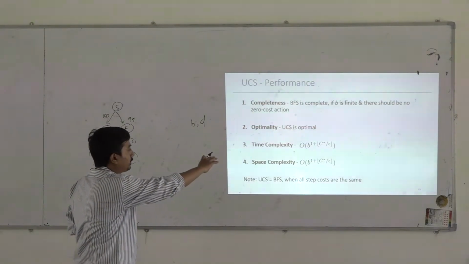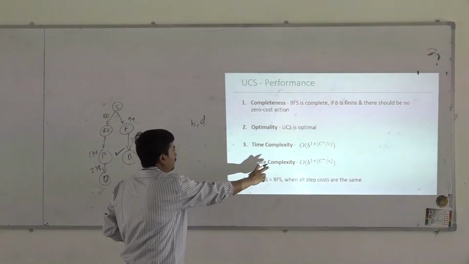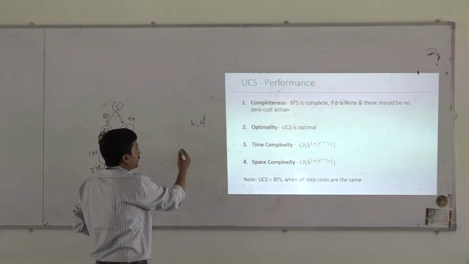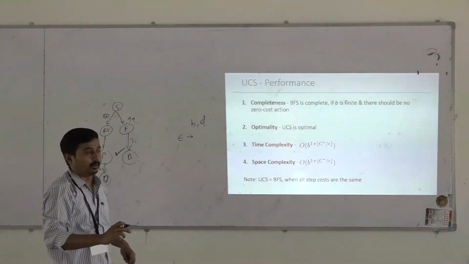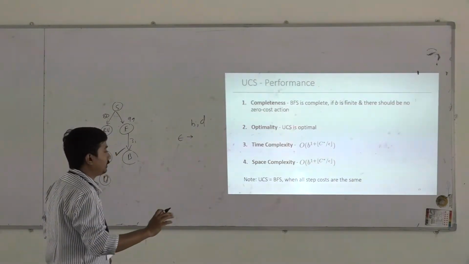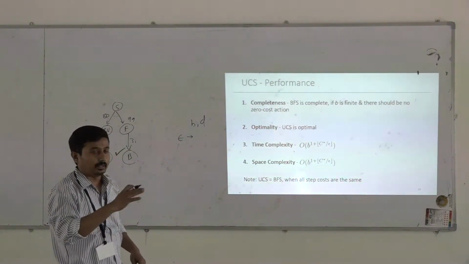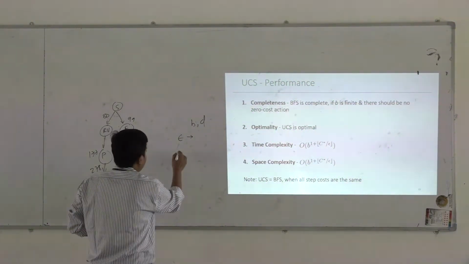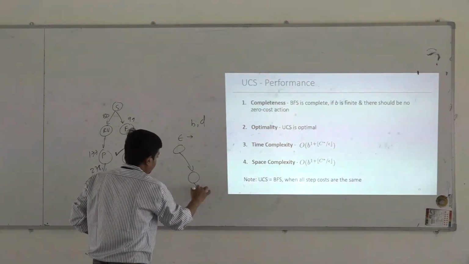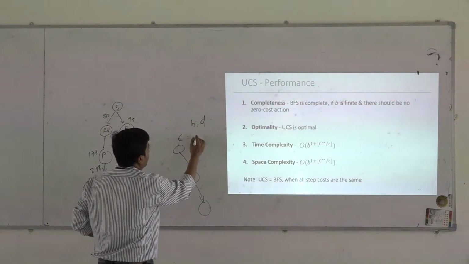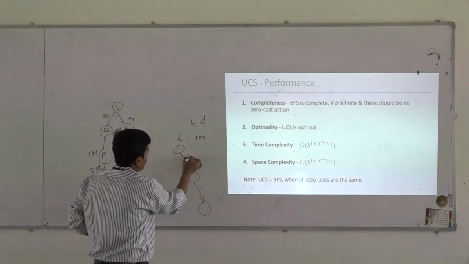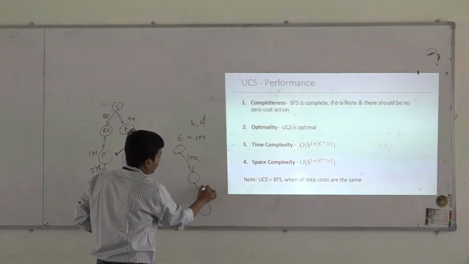In order to simplify this expression, consider epsilon, the cost of the action, to be the same for all the actions. Consider epsilon equals 100. So this action took 100 and this is 100.